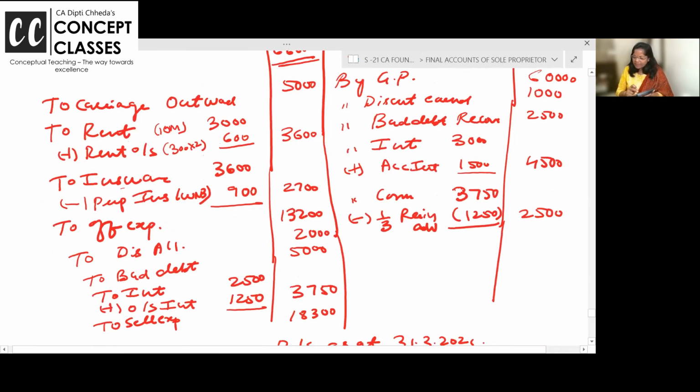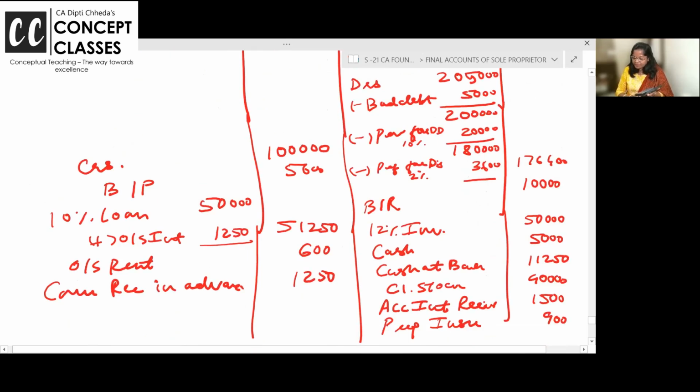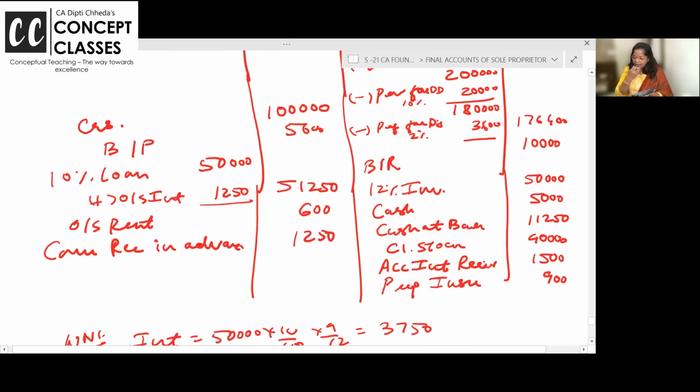5,000 plus 3,600, 2,700, 13,200, 2,000, 5,000, 3,750, 18,300, 1 lakh, 5,000. What is this, adding 1 lakh?